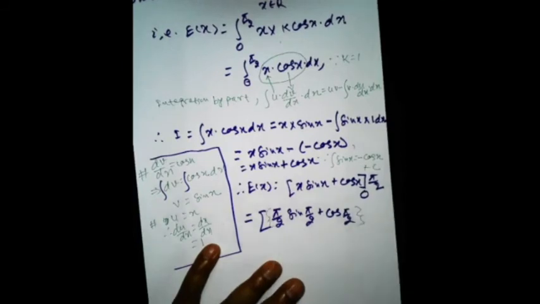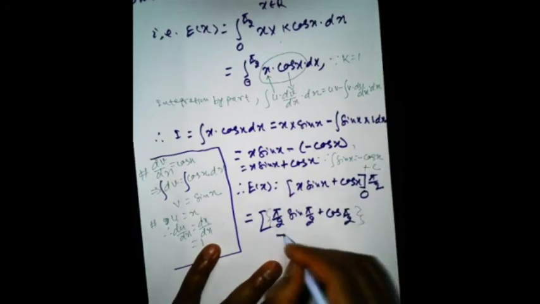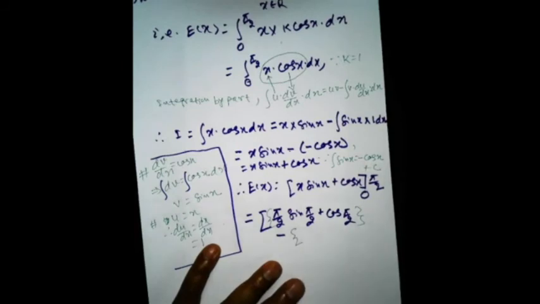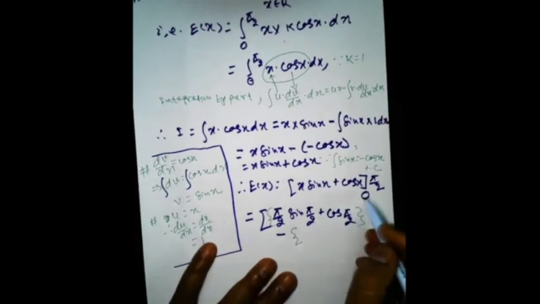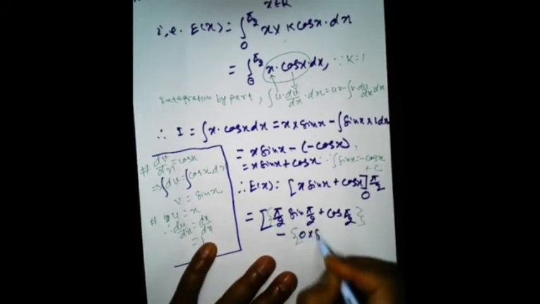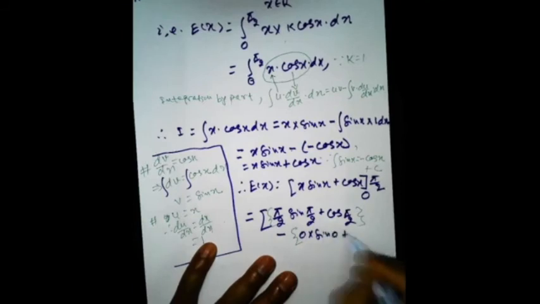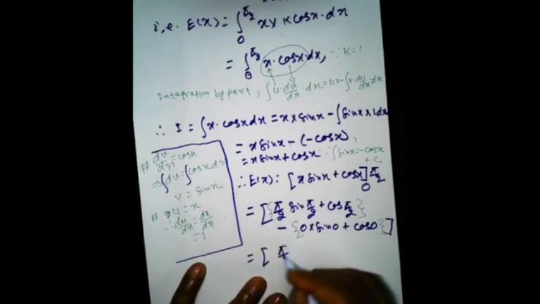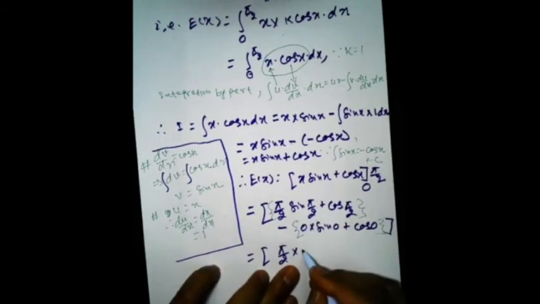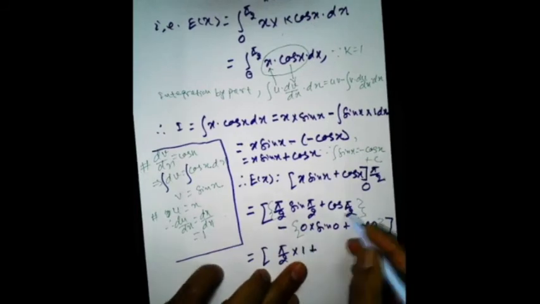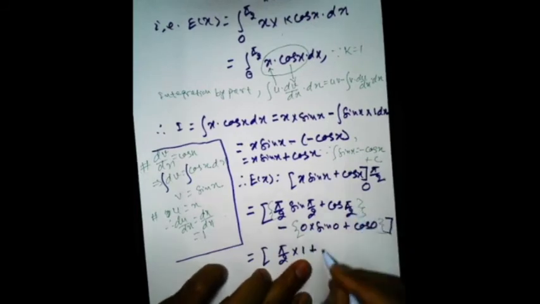After that, this is minus. Now it is time to put 0 in place of x, so this is 0 times sin 0 plus cos 0. This way we can calculate. So it is pi by 2, and sin pi by 2, that is sin 90 degrees, is 1, and cos 90 degrees, that is cos pi by 2 radian, is 0.